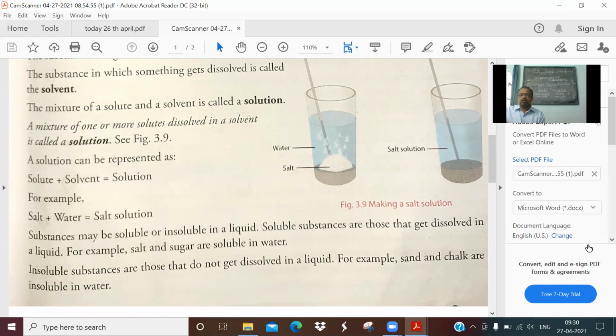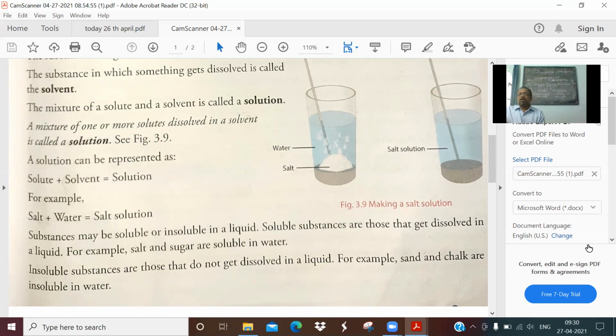Saturated solution means the solution in which all the space, all the maximum capacity is used up. For example, in the previous example, suppose all the students are sitting in all the benches and the benches are completely full. We could say that the class is saturated. In a similar manner, here the space between the liquid is completely used up. So we call it a saturated solution.